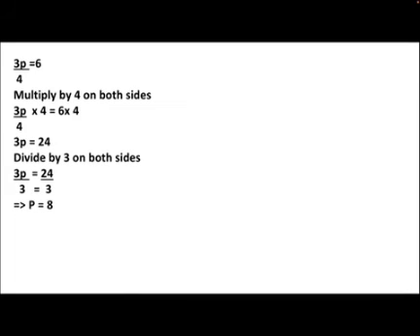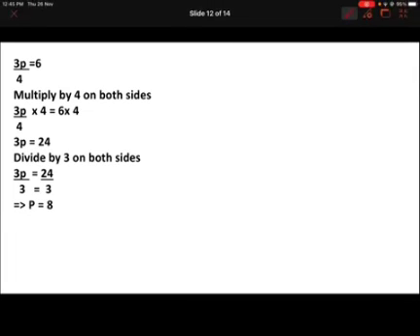Few more examples. 3p by 4 equals 6. So multiplying by 4 on both sides. Again, this is elimination method, children. What we have done is multiplied by 4. Here also 4. So 4 and 4 gets cancelled. So 3p equals 24. Again, in this one step you could not solve this equation.